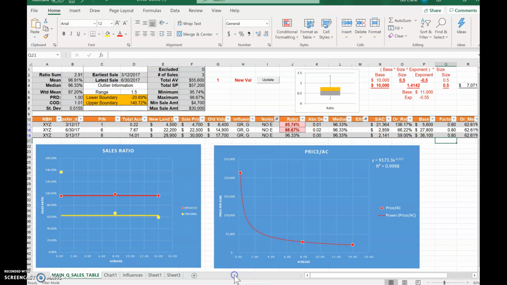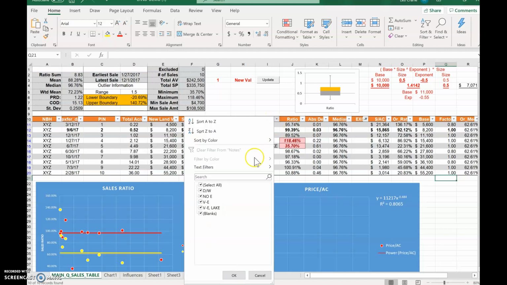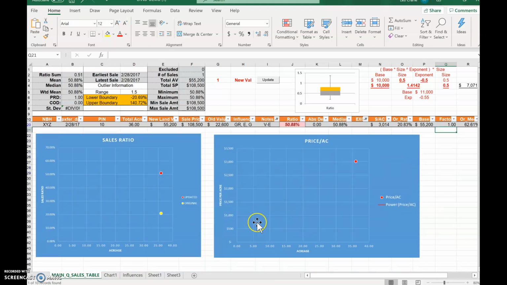So go back to all of our sales. And then the next one we want to look at is we have 2 properties with a view excellent, but one of those has a lake access to it as well. So first of all, we're going to calibrate just the excellent view. And looking at that, that gives us a median ratio of 50%.